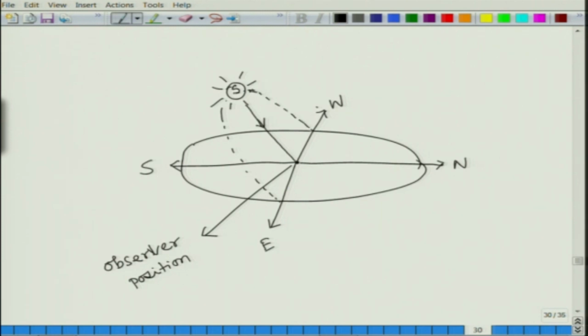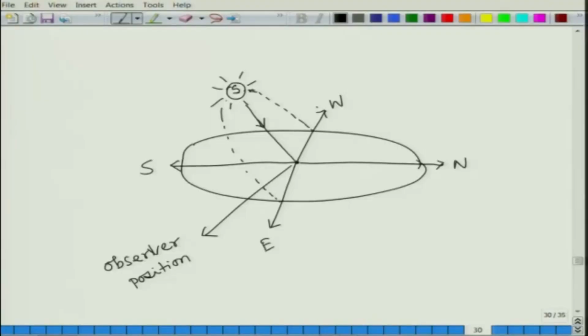Of course, the sun is not moving, it is the apparent motion of the sun, but more often than not I will say the sun is moving, because that is how we are going to look at it. This circle or semicircle that I have drawn here is the path of the sun during a day.